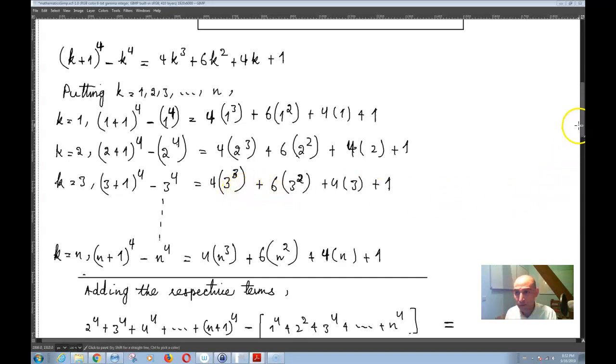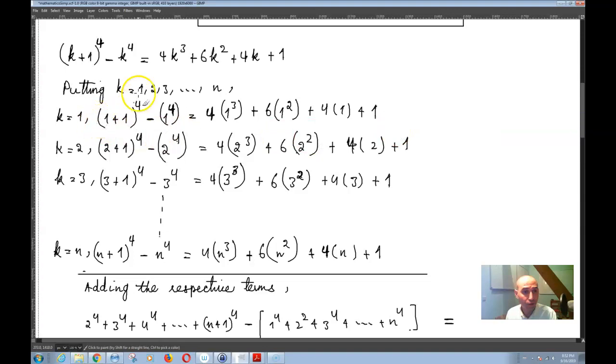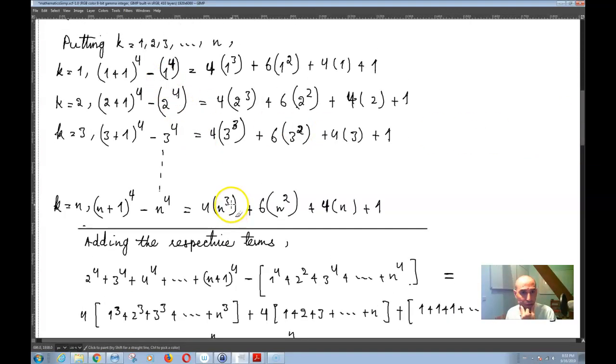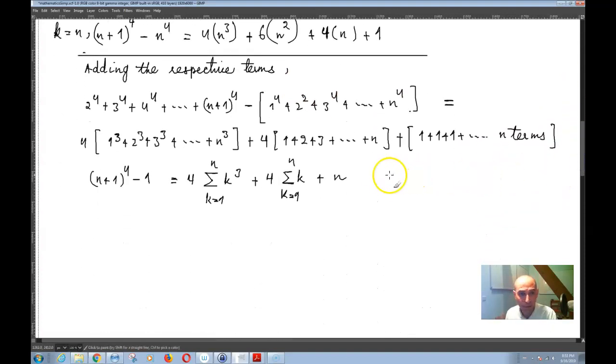I think I made a mistake somewhere over here. If I put k is equal to 1, that becomes 1 plus 1 raised to the power 4 minus 1 raised to the power 4. 2 plus 1. So here I get 2 raised to the power 4 plus 3 raised to the power 4 all the way up to n plus 1 raised to the power 4. Maybe they will cancel out. Let's see what happens.